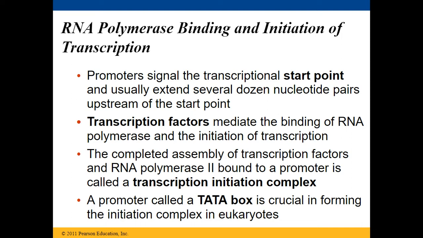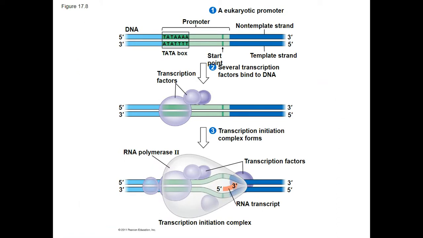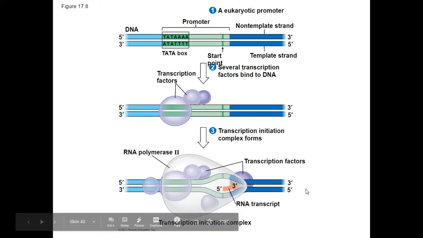Without the TATA box, we cannot move forward with transcription. So here you have that TATA sequence, which is the start of your promoter, which then would bind the RNA polymerase into the promoter region and then start the RNA transcript.